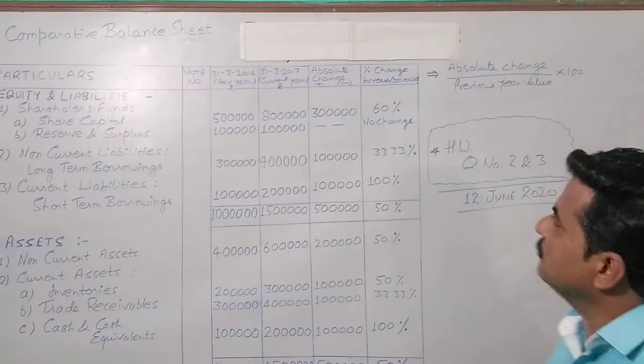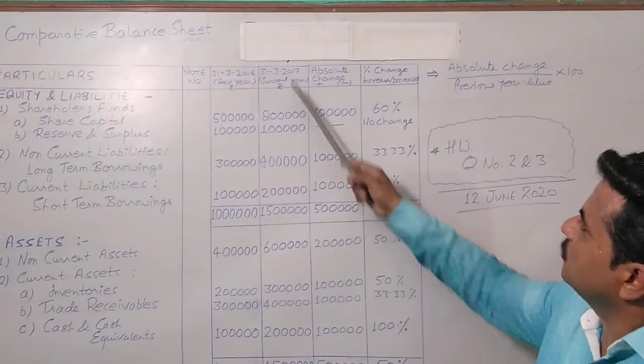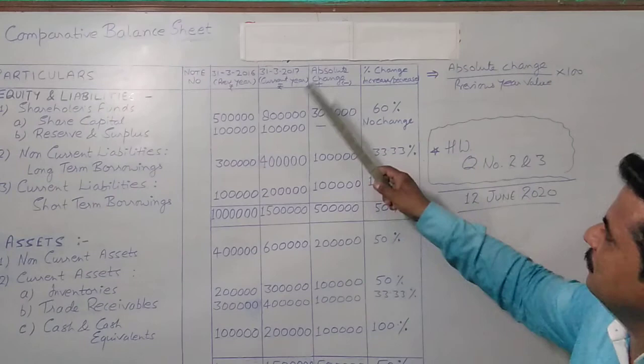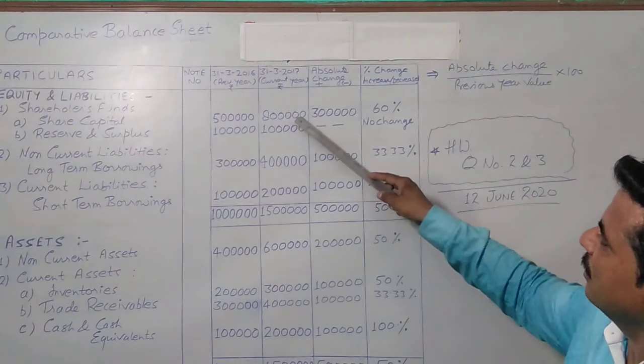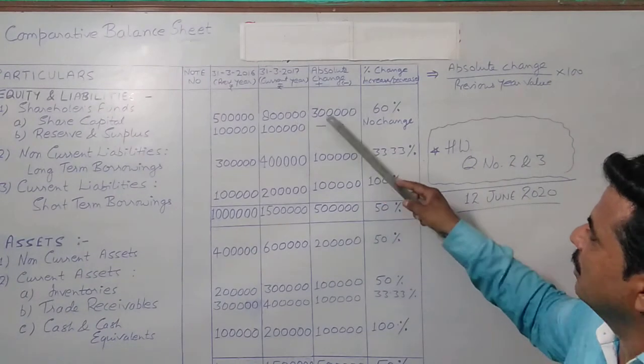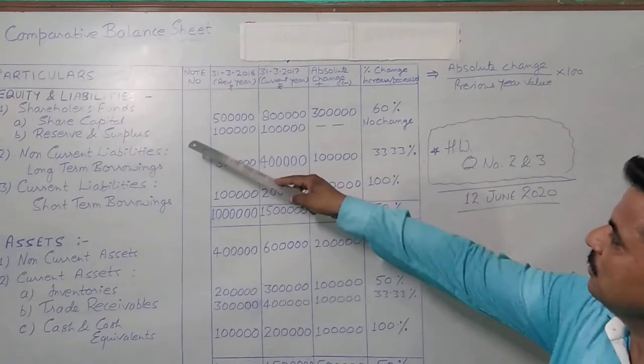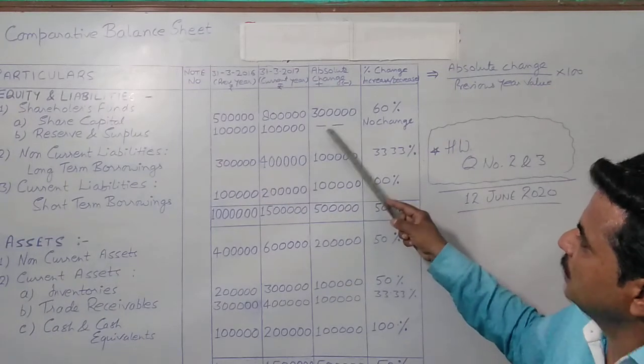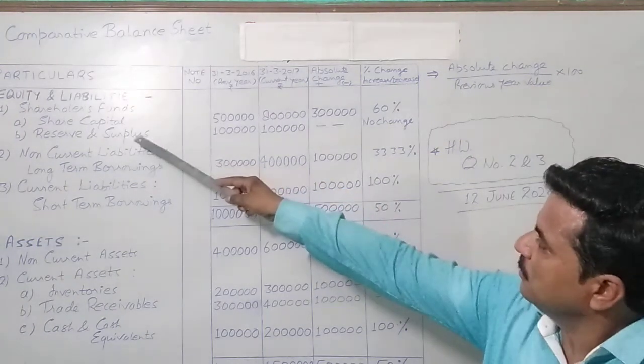Now we come to the current year, that is 2017. In 2017, share capital is rupees 8 lakh. It means it has increased by rupees 3 lakh. Reserve and surplus is rupees 1 lakh, so there is no change in reserve and surplus.